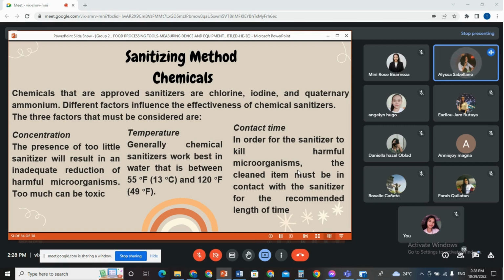Temperature. Generally, chemical sanitizers work best in water that is between 55 degrees Fahrenheit or 13 degrees Celsius and 120 degrees Fahrenheit or 49 degrees Celsius. So, contact time. In order for the sanitizer to kill harmful microorganisms, the clean item must be in contact with the sanitizer for the recommended length of time.